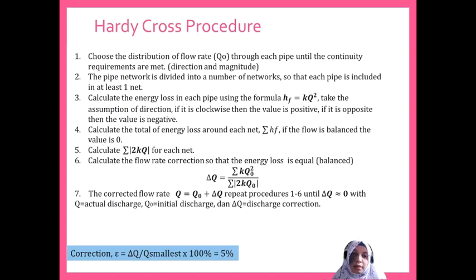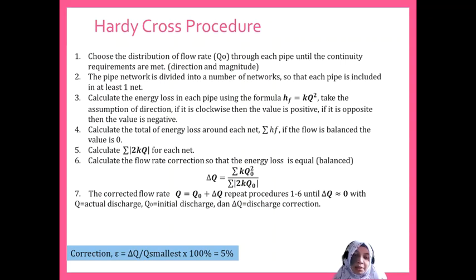So you have to assume the direction and magnitude of the flow in each pipe. Number 2, the pipe network is divided into a number of networks so that each pipe is included in at least one network.